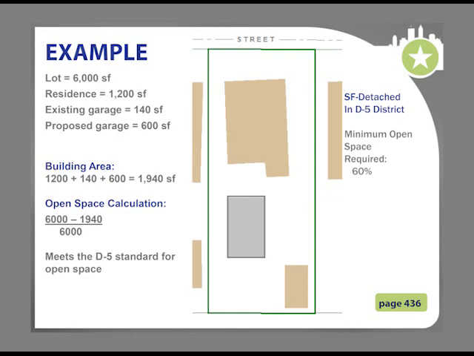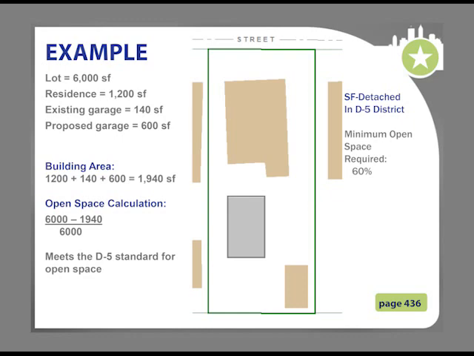When you insert that into the calculation of open space, that 1,100 square feet plus the 1,000 square feet of the primary dwelling unit gives you a total building area of 2,100 square feet. When you put that into the calculation, the result is 65% open space.